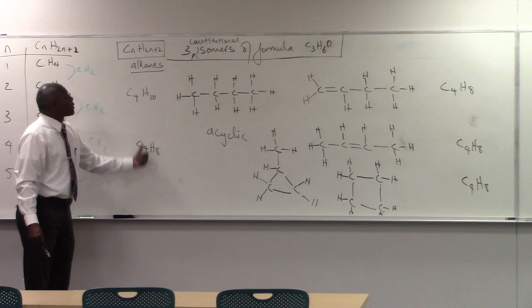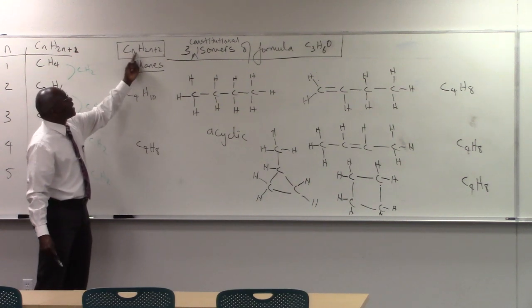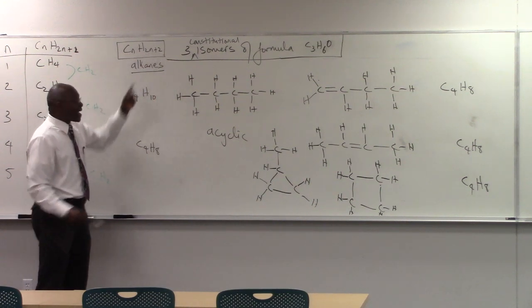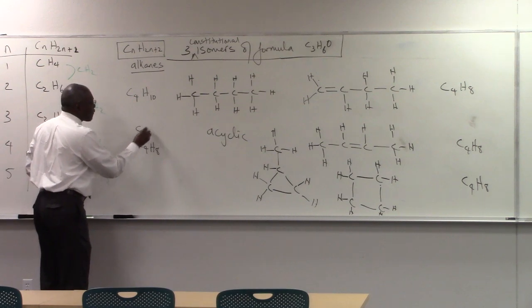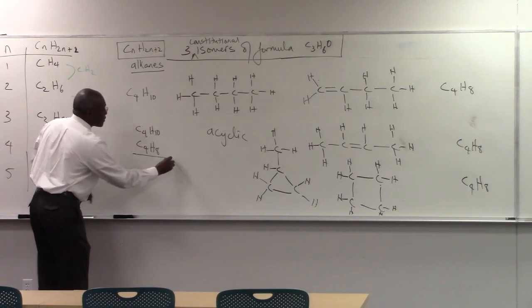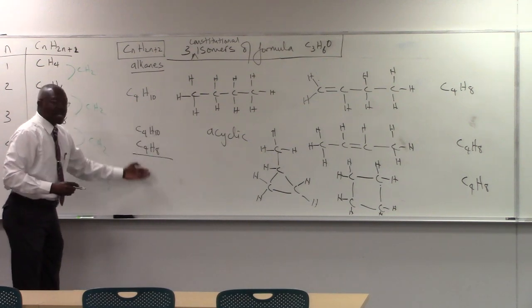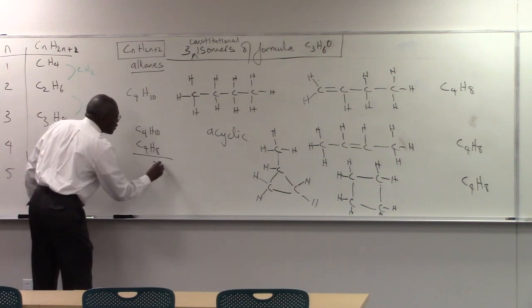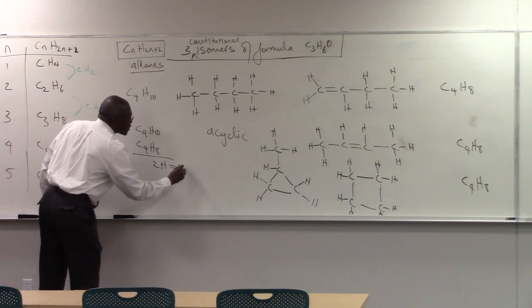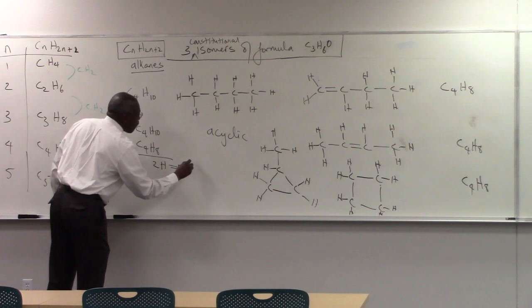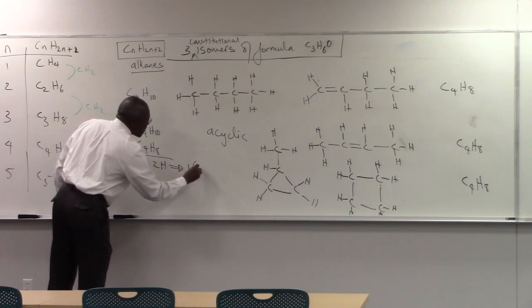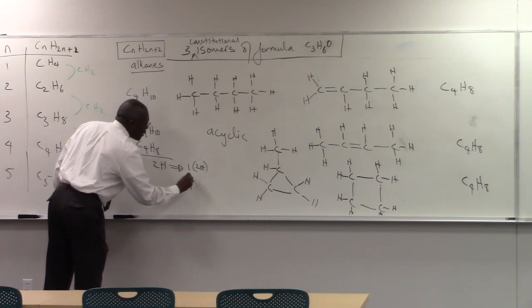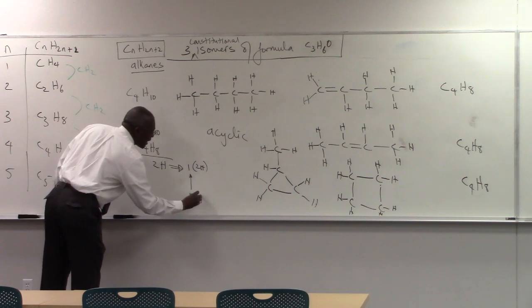If I have 4 carbons, that's C4, H2 times 4 is 8, plus 2 is 10, that is C4H10. I'm going to subtract. The carbons cancel. I'm left with 2 H's. 2 H's correspond to one pair of H's. And this 1 is my index of hydrogen deficiency.